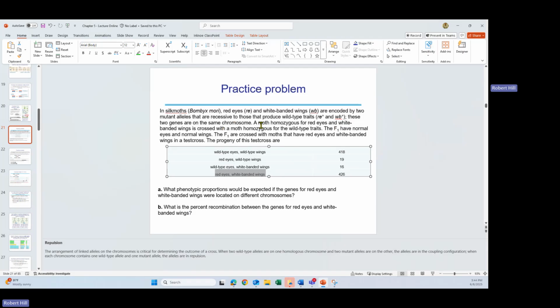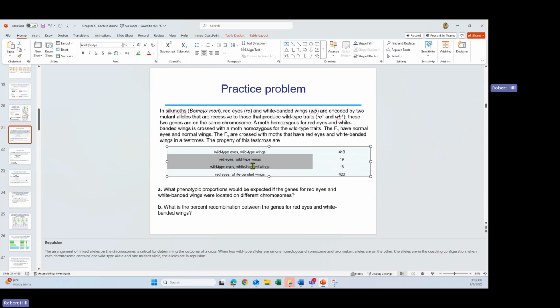And I like this problem because it makes you focus on the test cross and not all the other stuff up here. But these guys, the red eyes, wild type wings, and the wild type eyes, white banded wings, are new phenotypes. So they must be the recombinants. These are the non-recombinants. They were present in the parents. These are the recombinants. They're new.